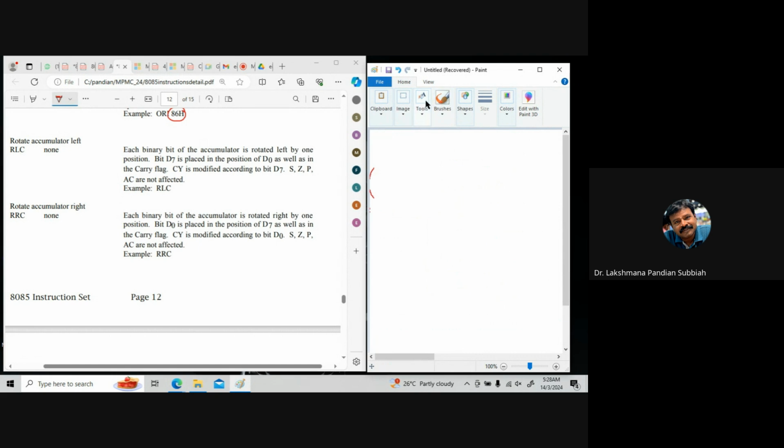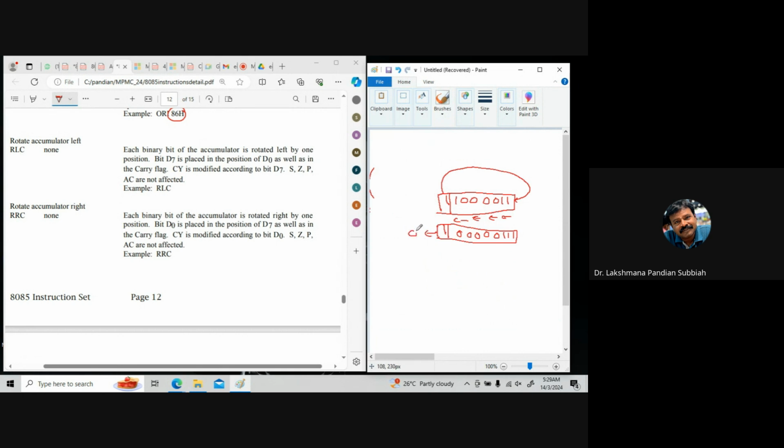Suppose the accumulator content is 1 1 0 0 0 0 1 1, which is 8 bits. Here the rotate left moves each bit one position in the left direction. The leftmost bit comes around into the last position, giving 1 0 0 0 1 1 1, and this bit is also copied into the carry flag.